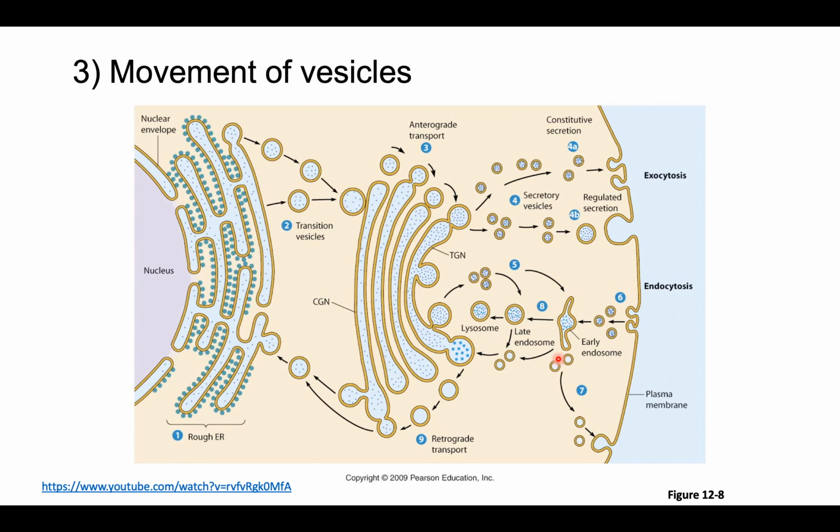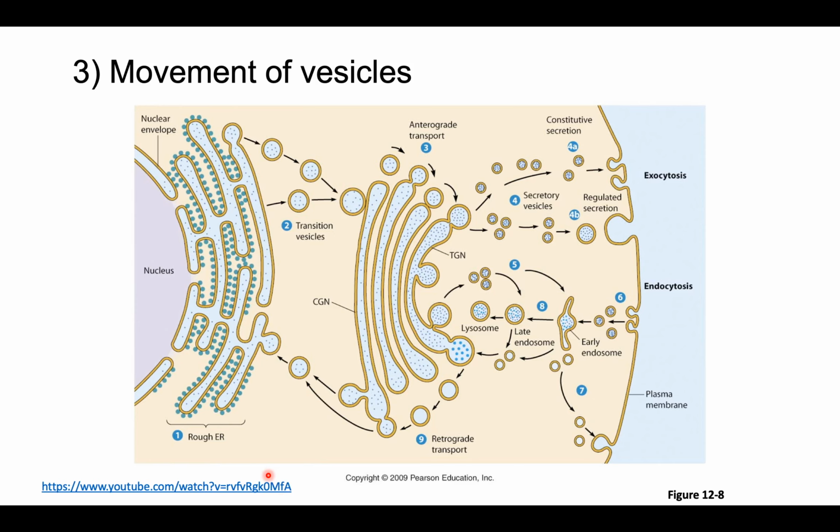So if you want to see an overview of this process in motion, feel free to pause this video and go check out this virtual cell video of vesicle movement. It moves things through the ER, through that Golgi network, and on through. So again, feel free to pause this, take a look at that, and then come back. I know seeing things in movement helps solidify the ideas a little bit more.